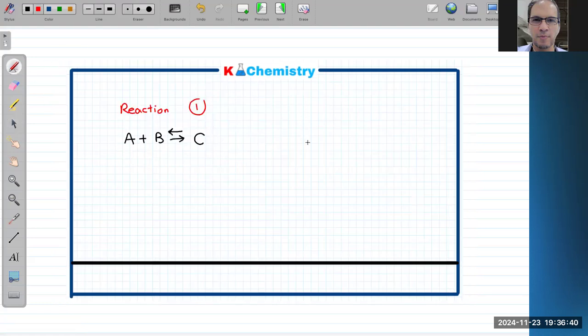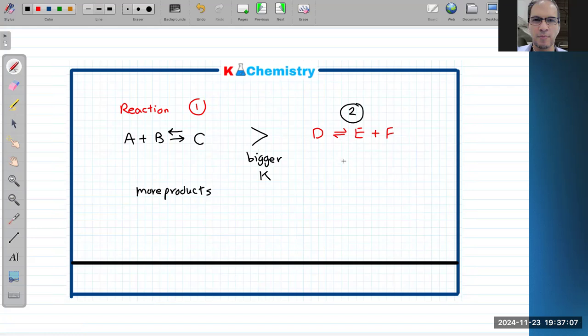And then I have reaction number 2, let's say D gives me E plus F or whatever. The one that has bigger K is going towards products more. So if it has bigger K, this means that it has more products.